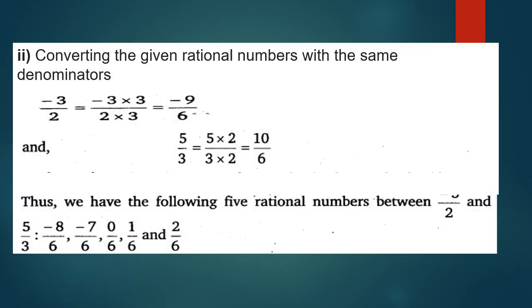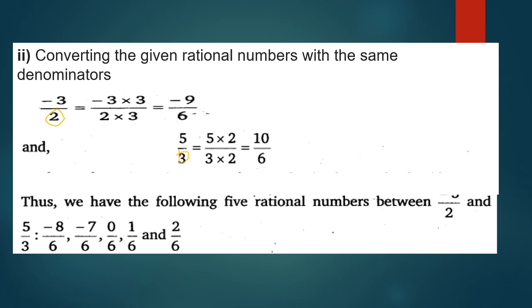Yes, children, the next one, we want to find the 5 rational numbers between minus 3 by 2 and 5 by 3. Let us equalize the denominators first. Here in the first rational number the denominator is 2 and in the next rational number the denominator is 3.